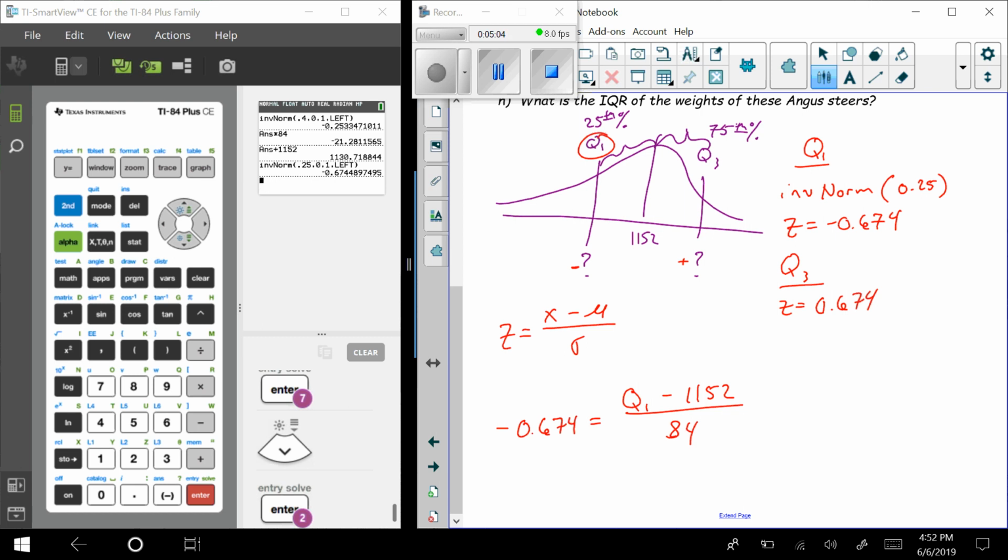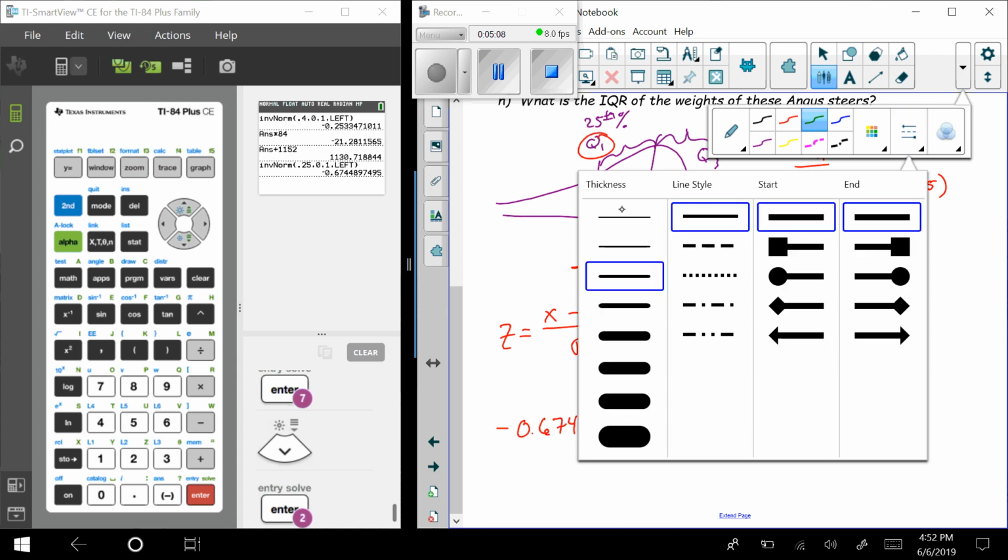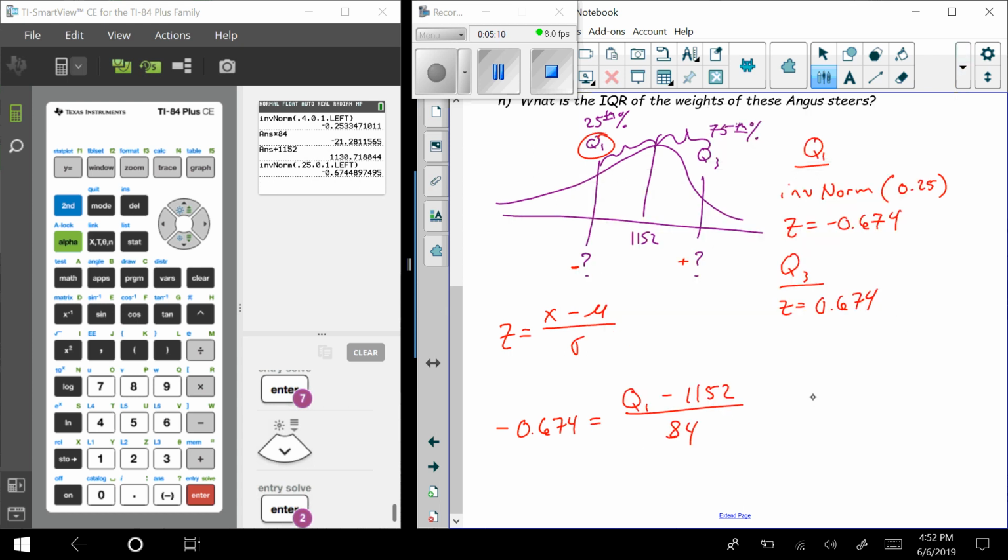Now I got that one right. Then I should go through and find my Q3 one. Well, Q3 is 0.674, which is equal to Q3 minus 1152 divided by 84.